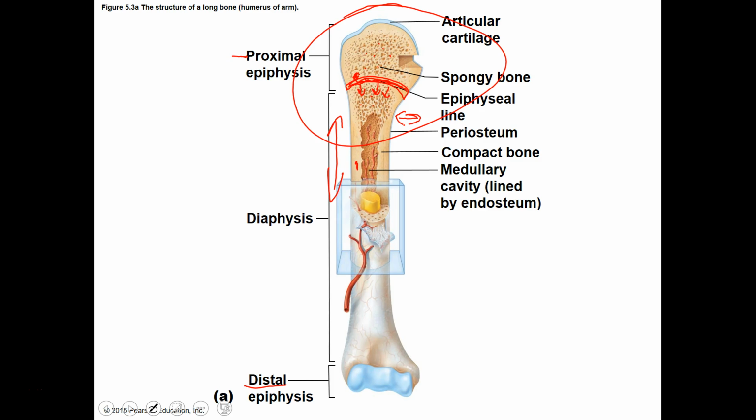Eventually, this epithelial line will start to get thinner and thinner as the growth of the bone matrix begins to take over and grows faster, until all of that cartilage is surrounded and becomes bone, and it can no longer divide and create more cartilage cells, and when that happens, bone growth stops.